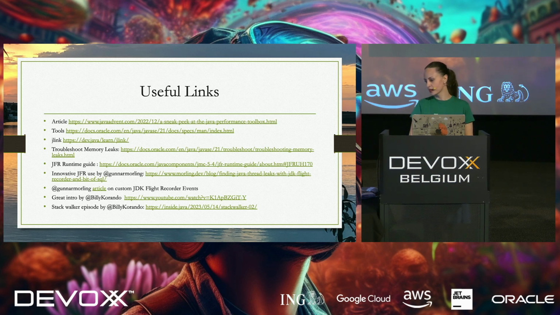For example, I think Gunnar has tried using JDK Flight Recorder events with Quarkus. So if you're a Quarkus fan, you can try that too. I used Spring Boot for this one, but you can do more. And if you haven't used JLink so far, there's a nice article on it on dev.java. That was it from my side, and I welcome your questions now on these tools and others. Thank you.